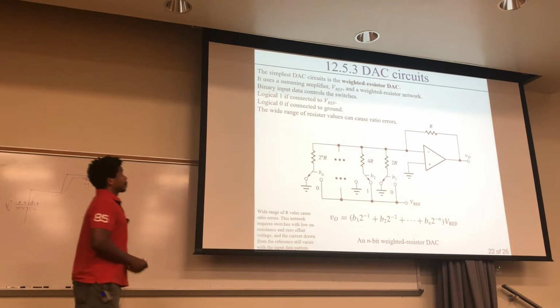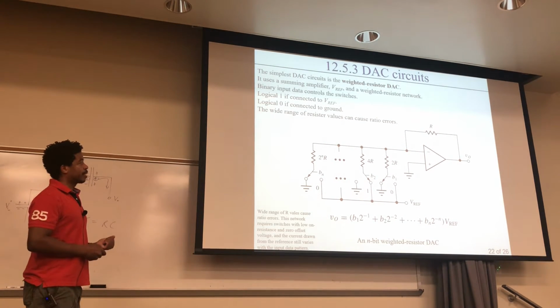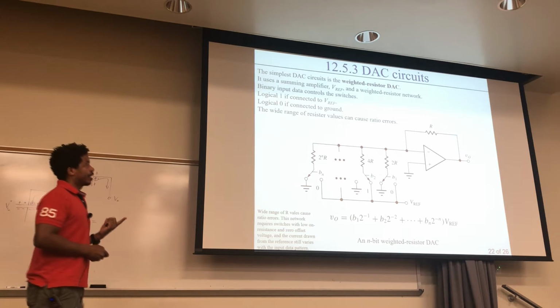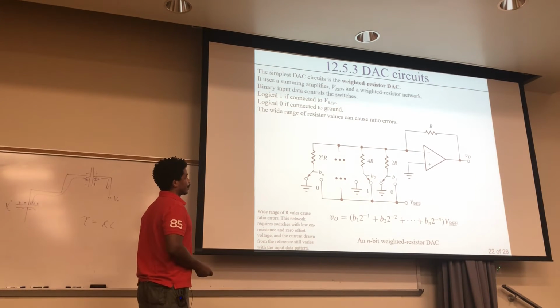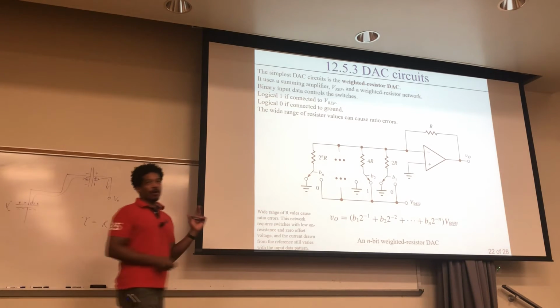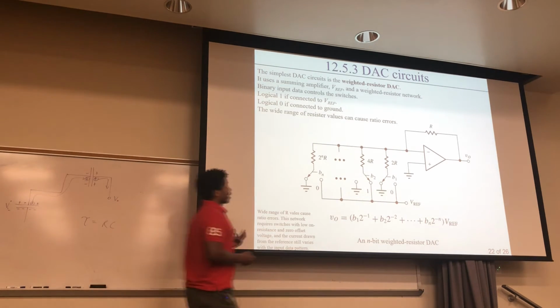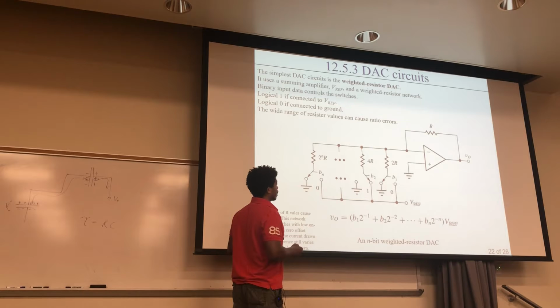Even though that's really simple, the problem with this one is that you have so many different values of these resistors, and it's hard to get them all right. And remember, this voltage coming through is going to be magnified by negative the feedback divided by that.